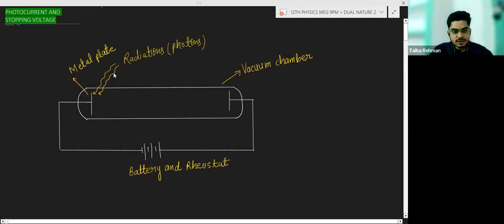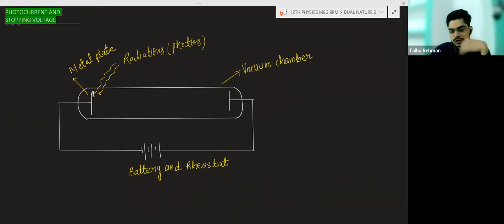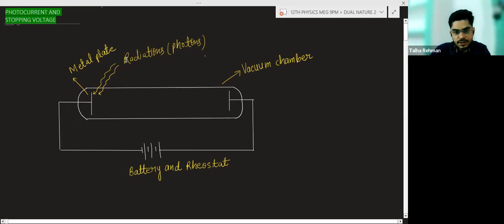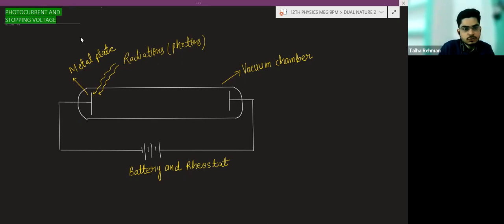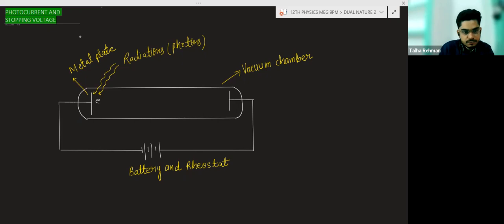So these radiations are incident on the metal plate. So what will happen? This metal has free electrons on the surface. So when this radiation falls on the surface of the metal plate, electrons are emitted. Those electrons are known as photoelectrons.